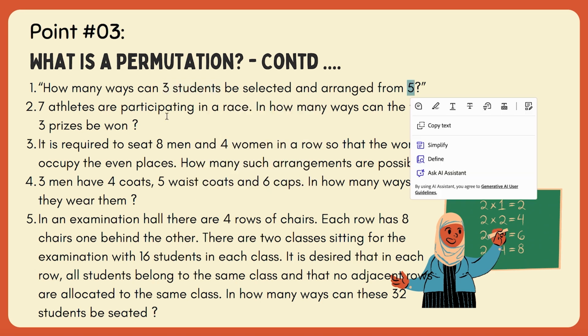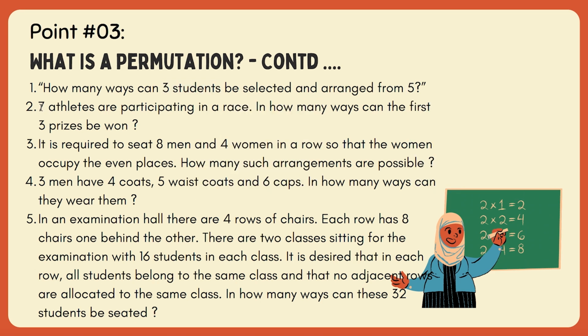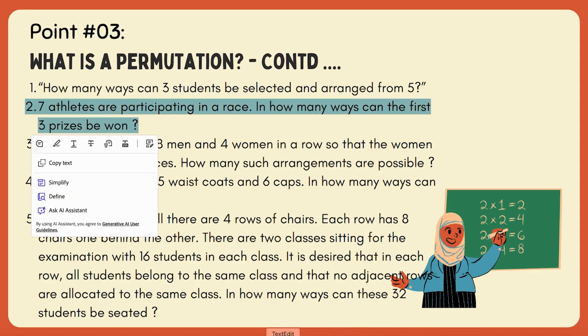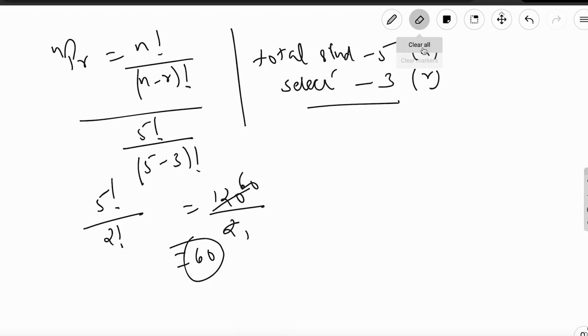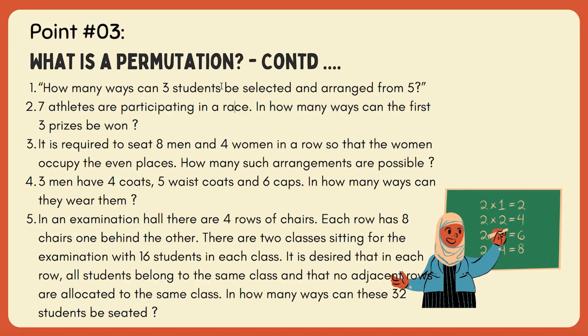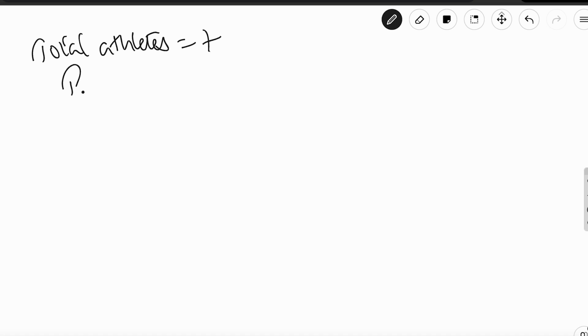Now next: there are 7 athletes who are participating in a race. In how many ways can the first 3 prizes be won? So the total athletes are 7 and the prizes to be won are 3.